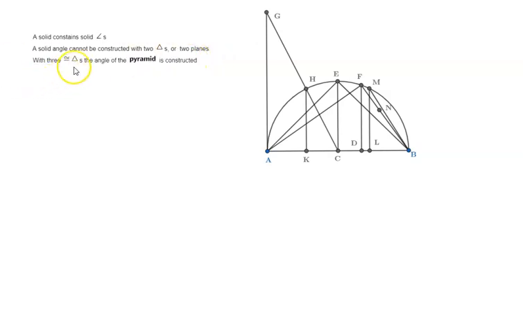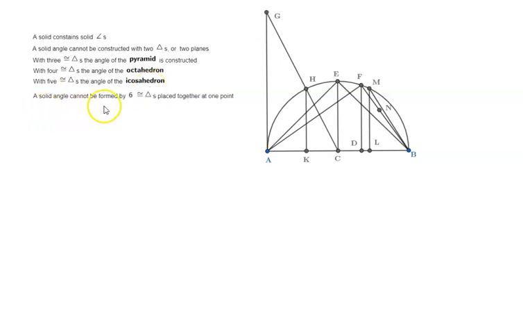With 3 equilateral and equiangular triangles, the solid angle of the pyramid is constructed. With 4 equilateral and equiangular triangles, the angle of the octahedron is constructed. With 5 equilateral and equiangular triangles, the angle of the icosahedron has been constructed.